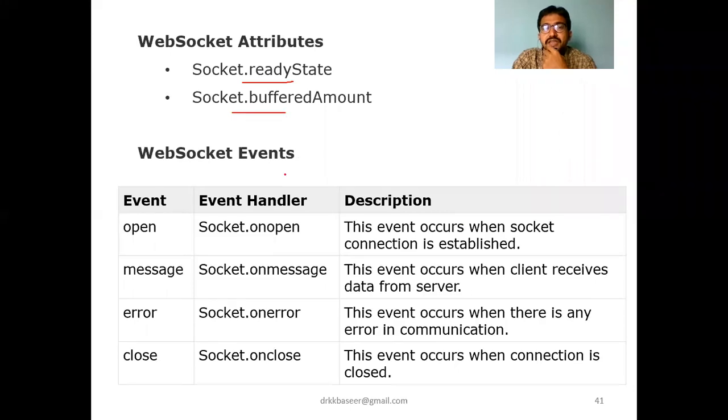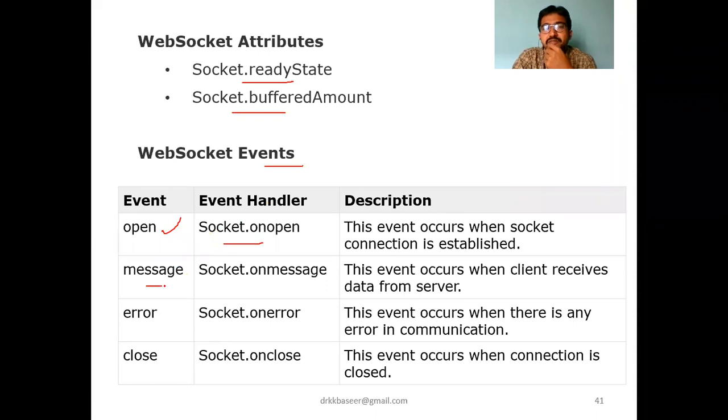Now we have some events, like in Java, in AWT or whatever concept you studied in Java, handlers will be there. Whenever any event is triggered, somebody has to be there to handle that event, right? So events and event handlers. The event is when you try to open; the event handler that takes care of it is socket.onopen.